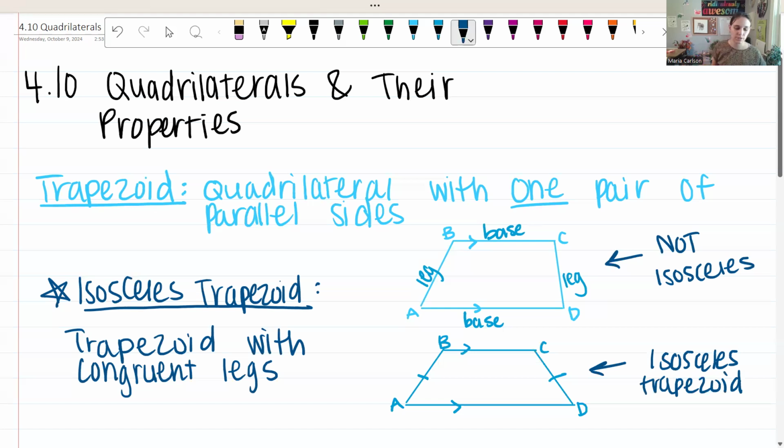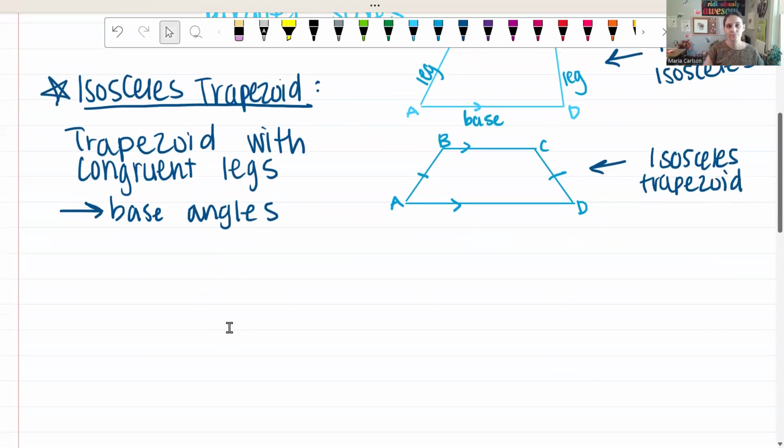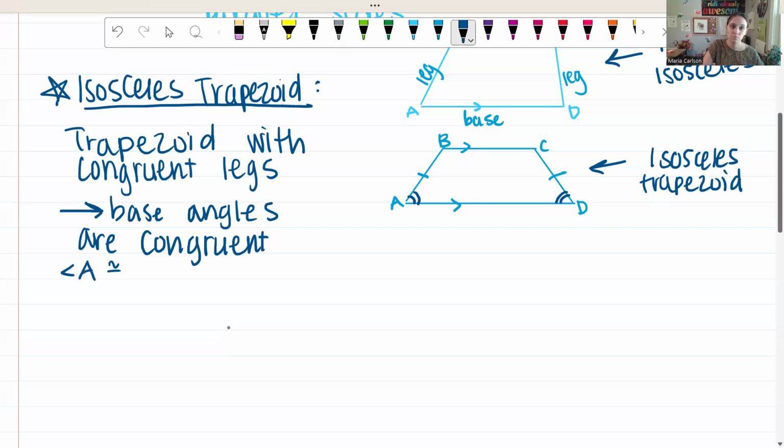Now, isosceles trapezoids are pretty cool because in an isosceles trapezoid, the base angles are congruent. So in this diagram, that would be the bottom two angles, angle A and angle D. Those two angles are congruent. And the top two angles on the other base, B and C, are congruent.